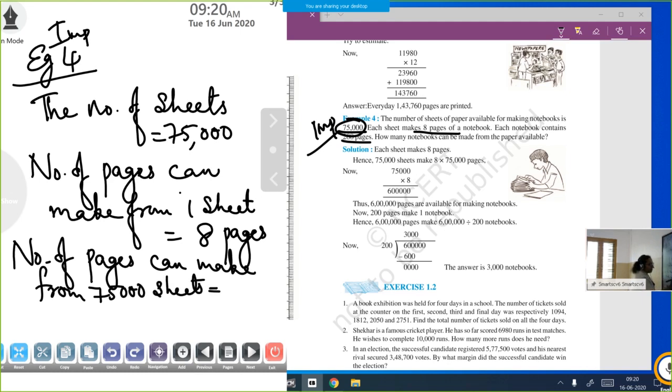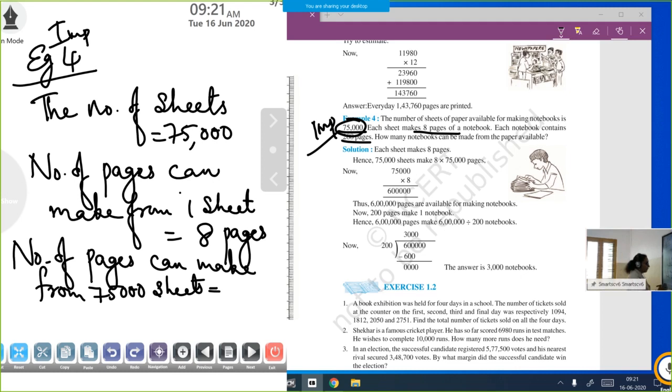What to do, children? We want to find how many pages we can make from 75,000 sheets. From one sheet we can make 8 pages. Then how many pages can we make from 75,000 sheets? So what will we do?